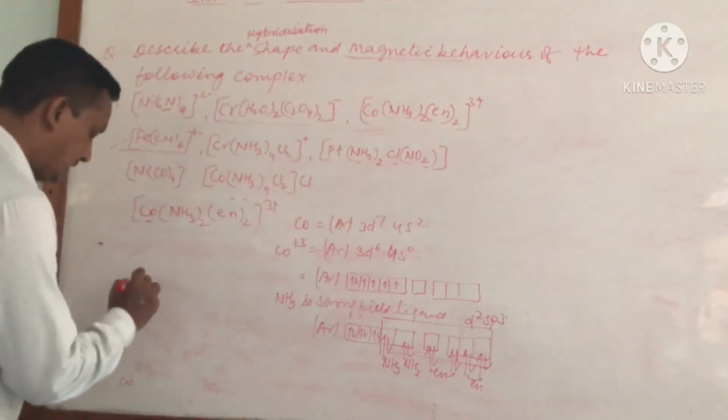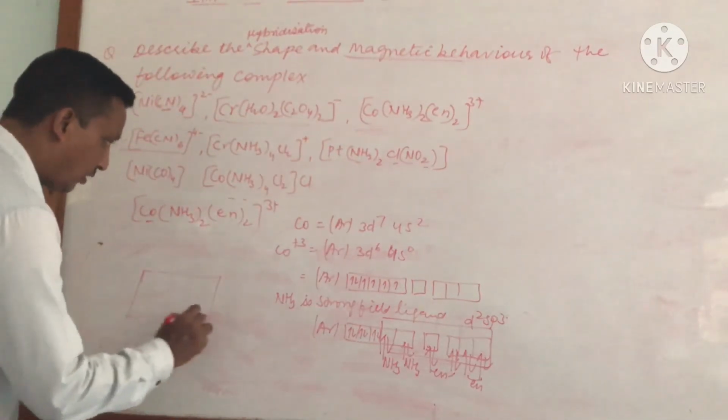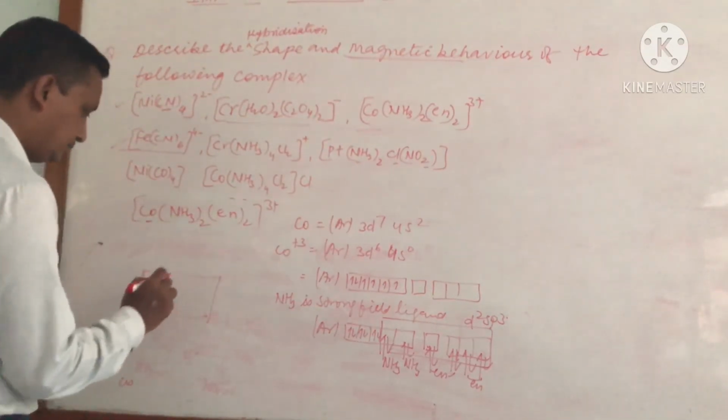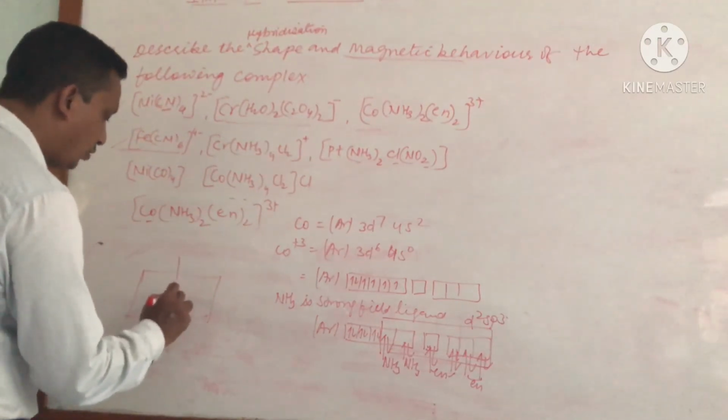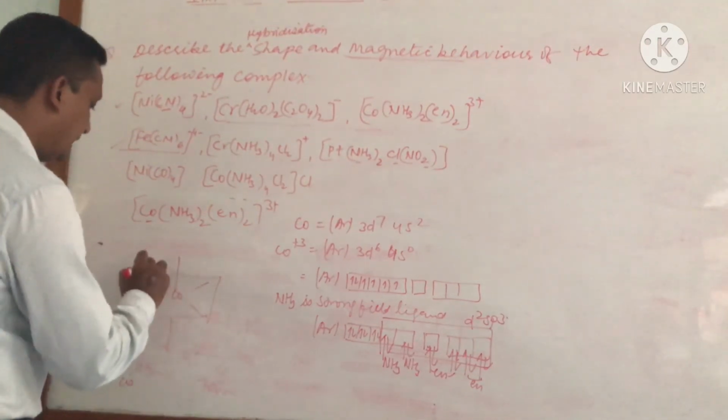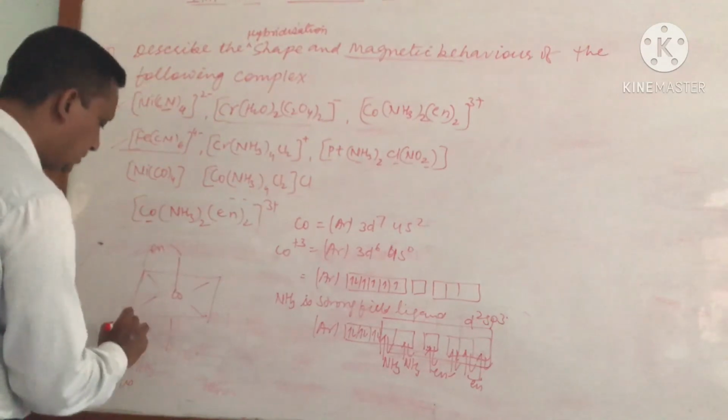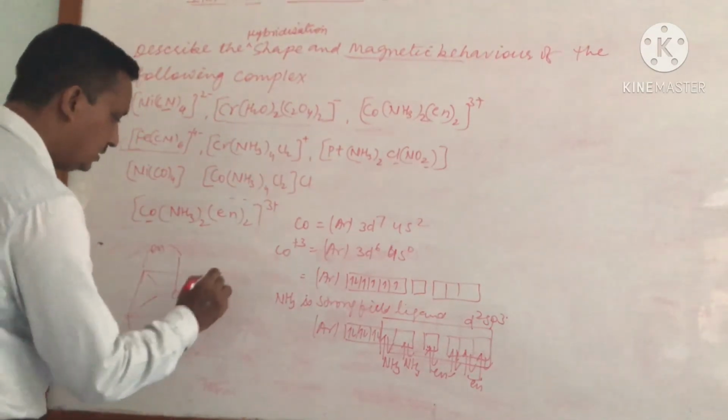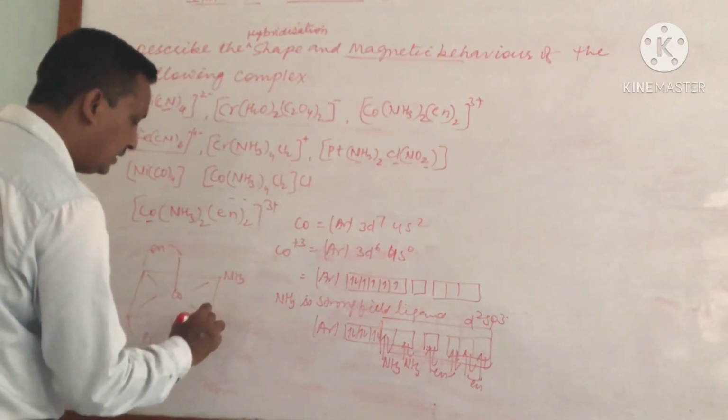For d2sp3 hybridization again we have octahedral geometry like this, cobalt, and this is en, and NH3 and NH3.